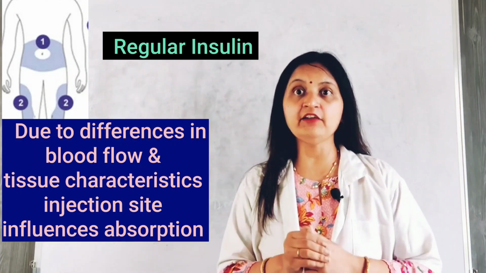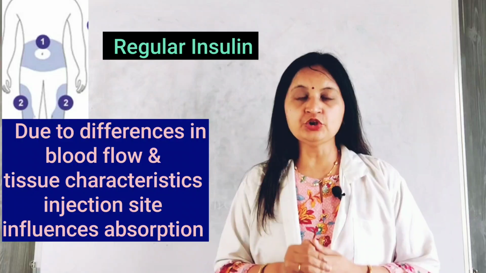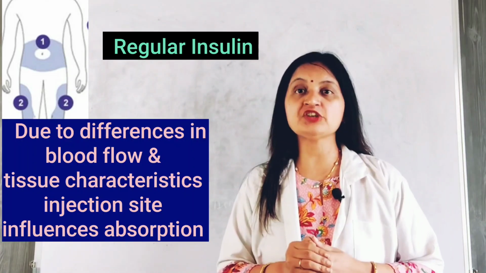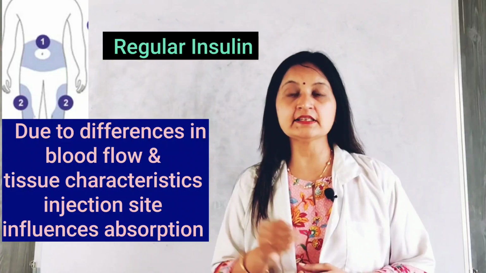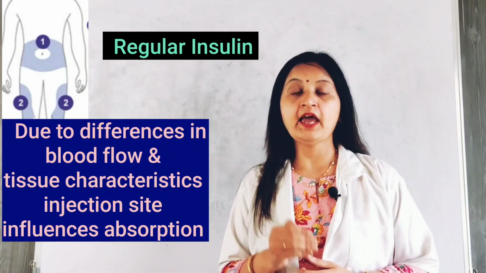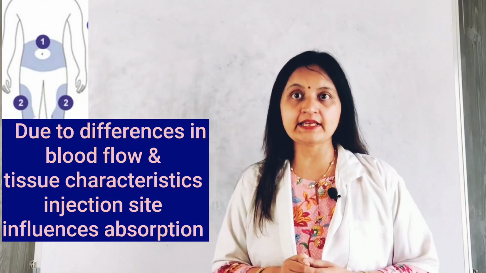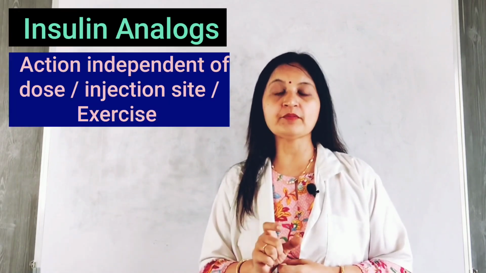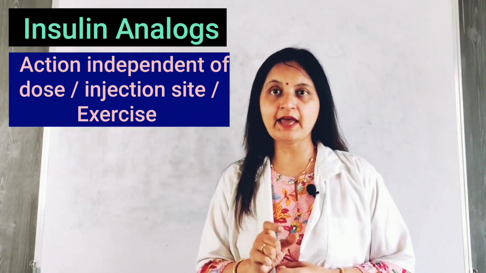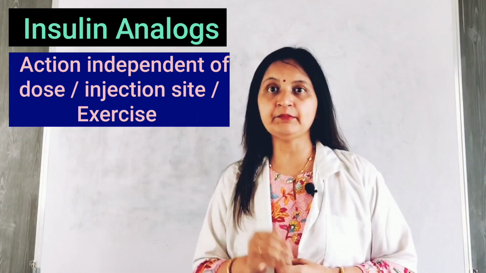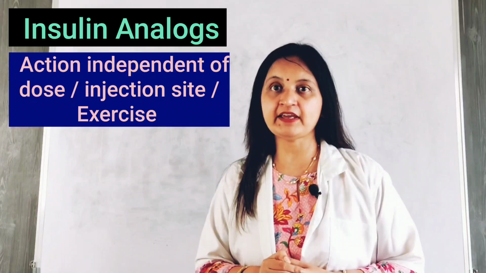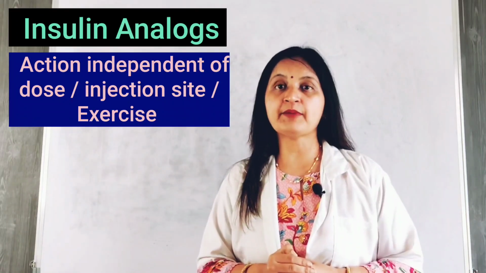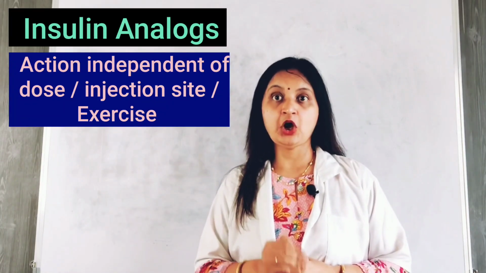The injection site influences the rate of absorption due to differences in blood flow and tissue characteristics. Also, exercise increases the blood flow, enhances the absorption of regular insulin and increases the risk of hypoglycemia. On the other hand, in case of insulin analogs, the absorption and onset of action are rapid and the action gets completed before exercise-induced variation in absorption significantly affects them. So it is not influenced by exercise and injection site.